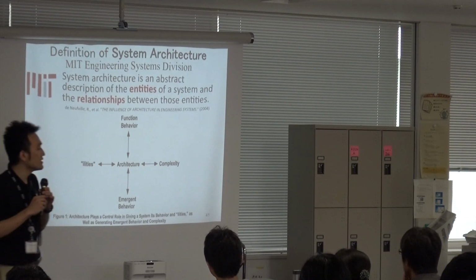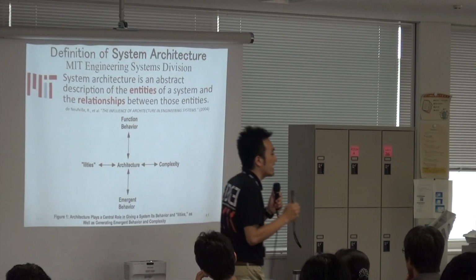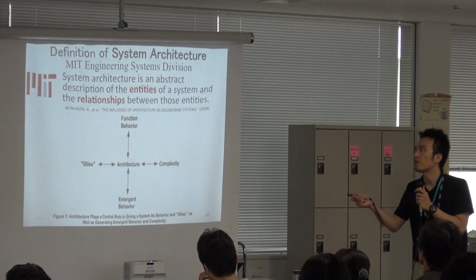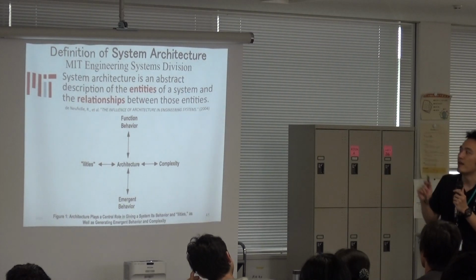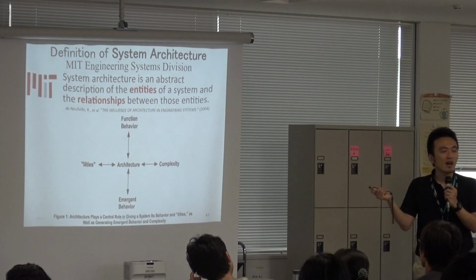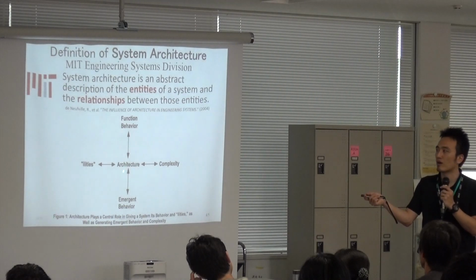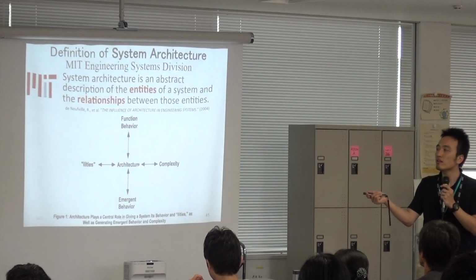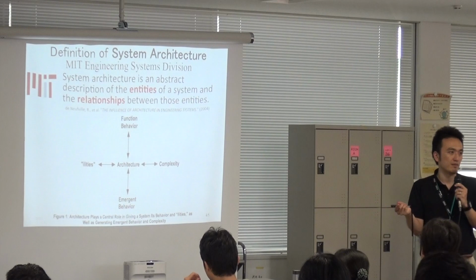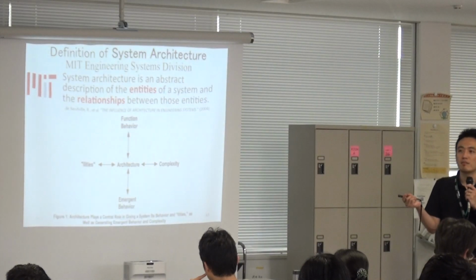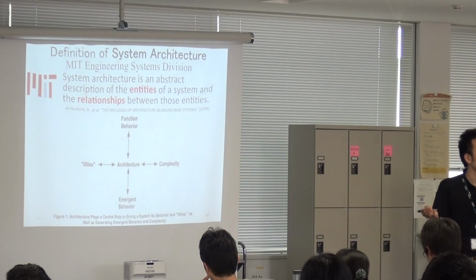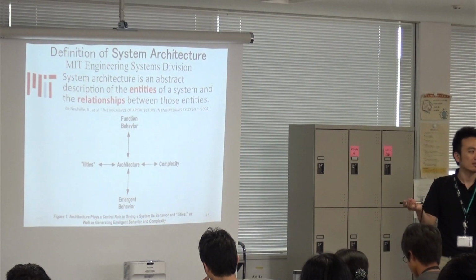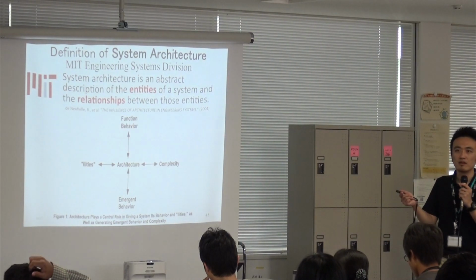Once you decide your architecture, it has a great effect on your function design, your intended design. But at the same time, it greatly affects emergent behavior. Emergent behavior means something you did not expect, but you happen to have as a consequence of choosing a certain architecture. Okay?